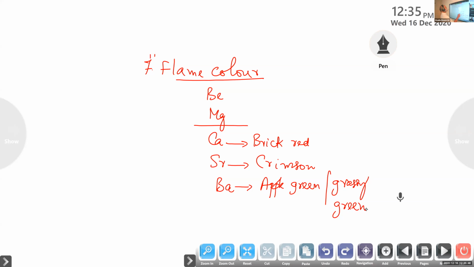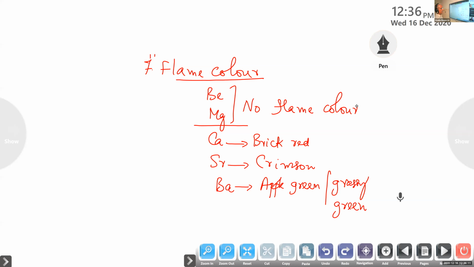Okay. Now you come to beryllium and magnesium. Beryllium and magnesium do not produce any flame color. Why is it so? Do you know the mechanism of the production of the flame color?